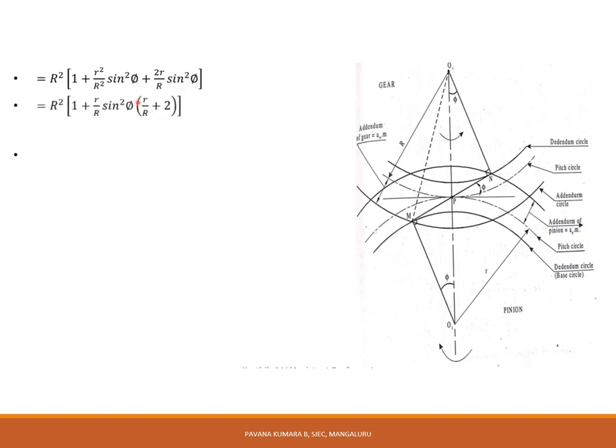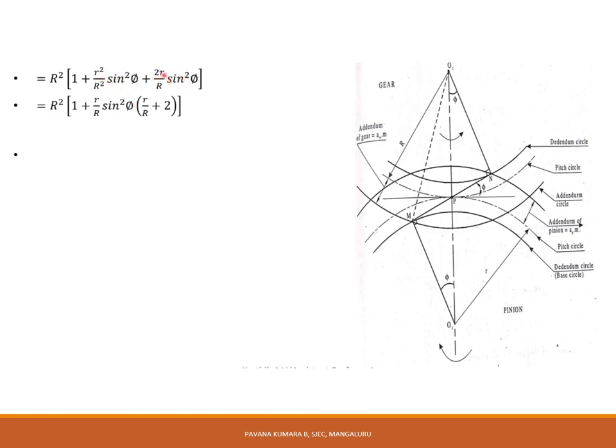Next, from that expression, you simplify again, the squares get cancelled. Or else, one more way you can do it: take r divided by capital R common, and sin square phi. Just see these two expressions and which one is common, take it outside.